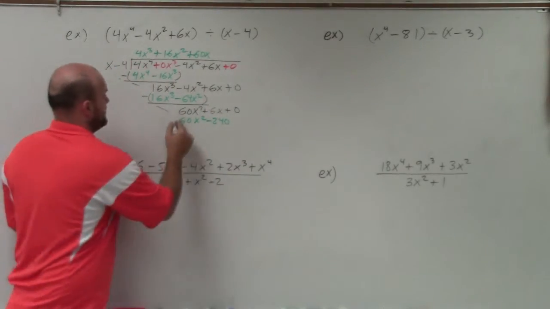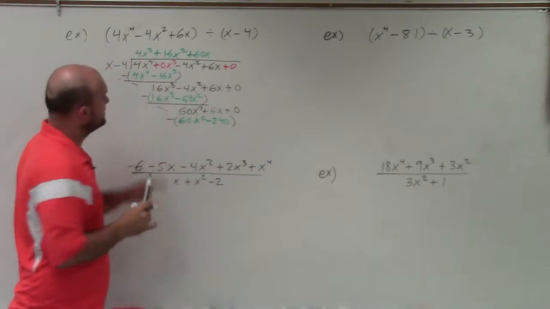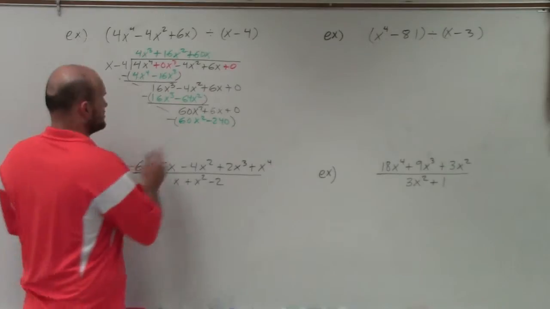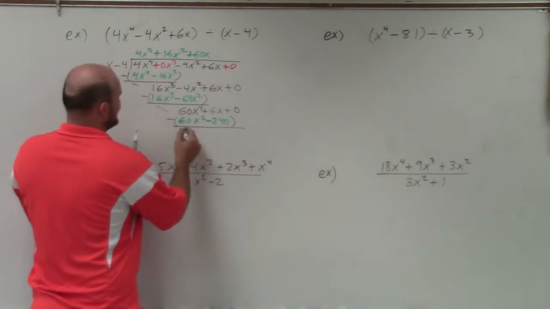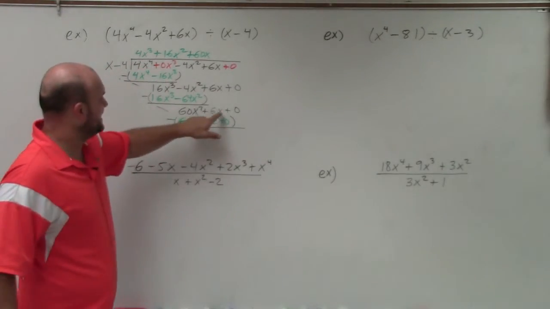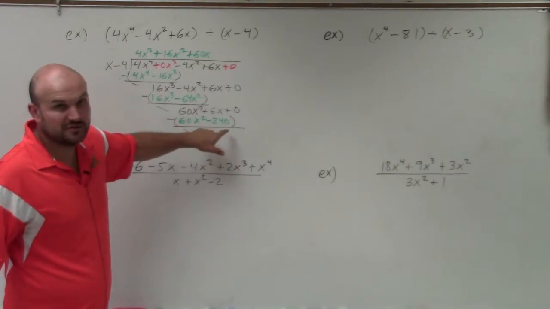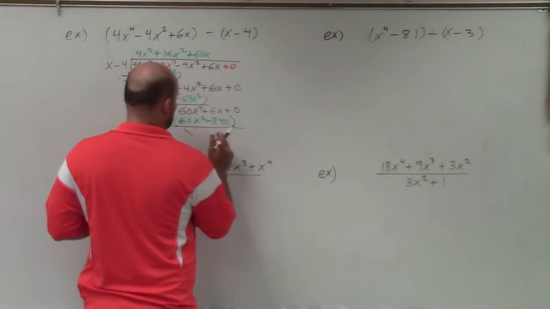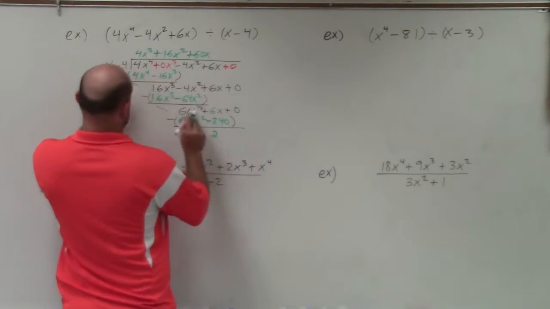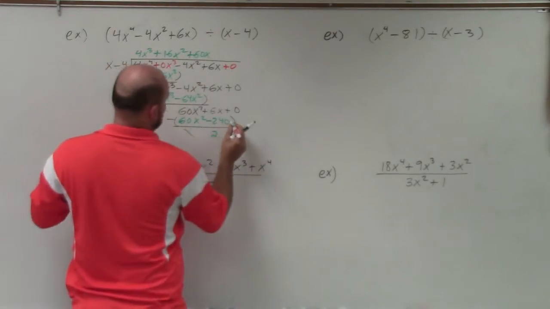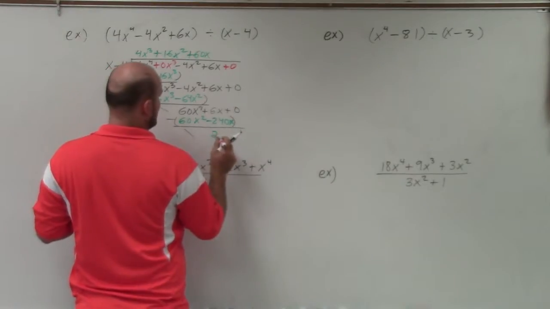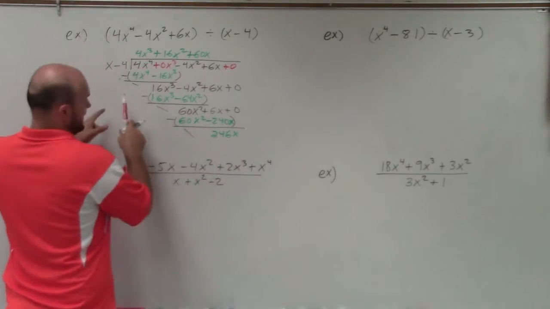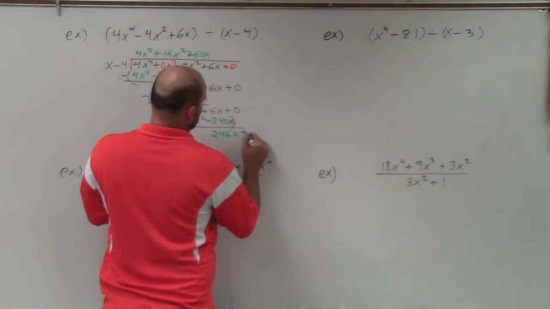OK, so then I put in parentheses, and I subtract. Subtracting 60x squared from 60x squared is going to give me 0x squared. 6x minus a negative 240x is going to give me a positive 246x. And then I bring down the 0.